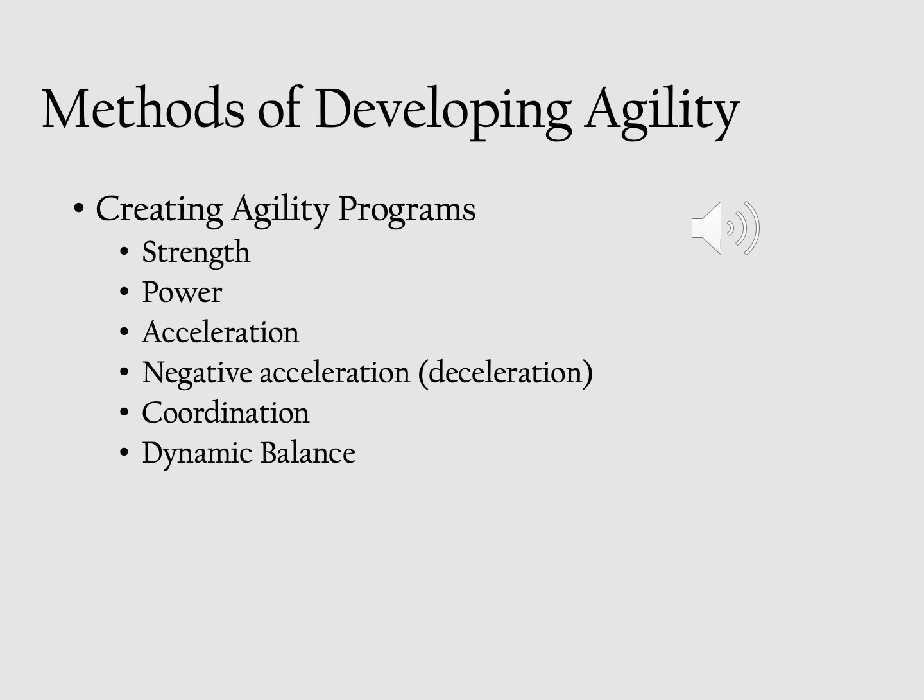Power, the king of all goals, may be considered the most important aspect of training. It refers to the rate at which work is done, also known as force times velocity. The faster the athlete gets from point A to point B, the greater the power. So it can be increased by improving speed.